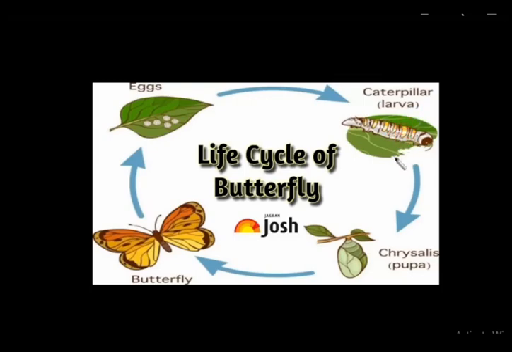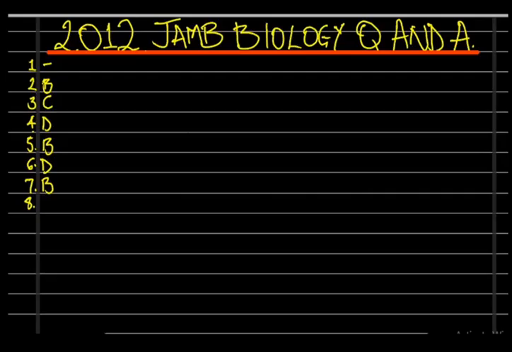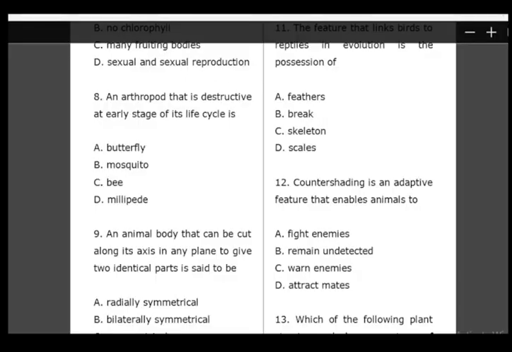The caterpillar is actually destroying the leaves. We can see the caterpillar eating up the leaves before it develops into the pupa stage and then back to the butterfly. So this is the life cycle of a butterfly. So the caterpillar here, which is the larval stage of the butterfly, is actually destructive. So that is where our answer lies. Number 8 question, option A.